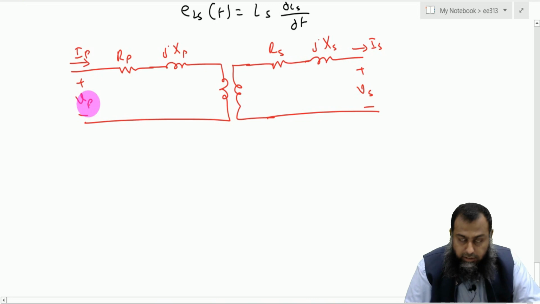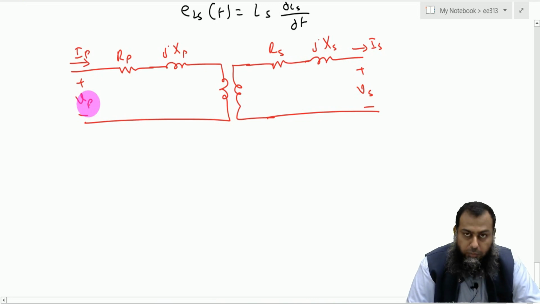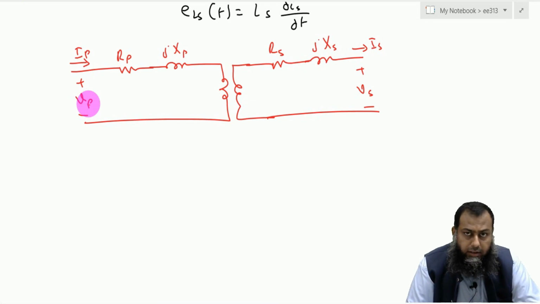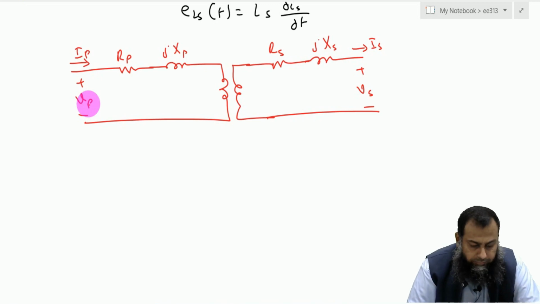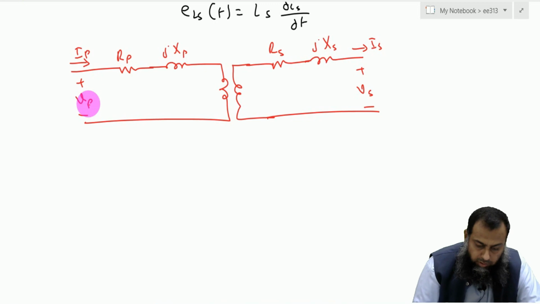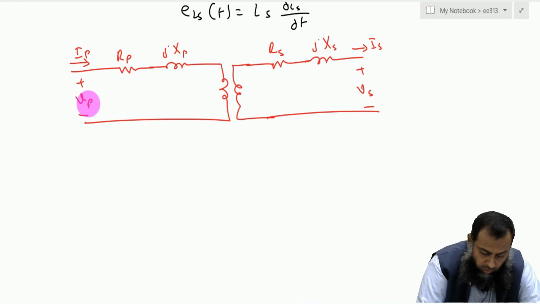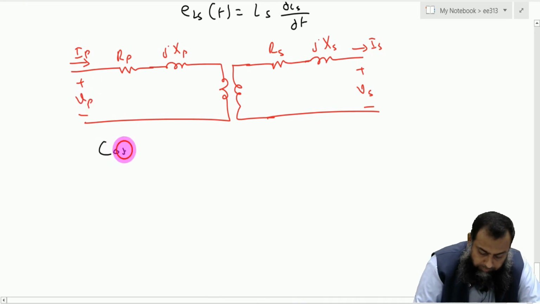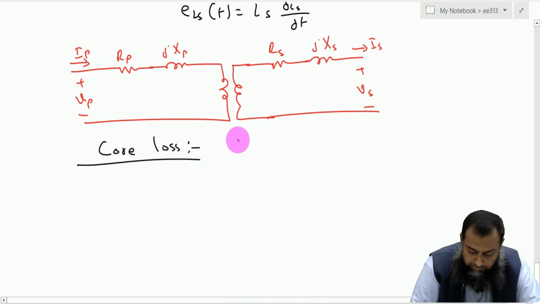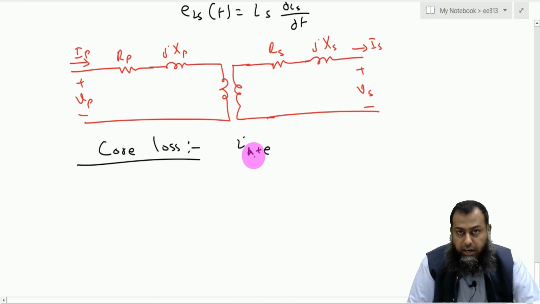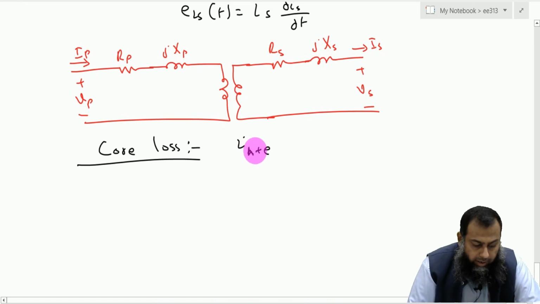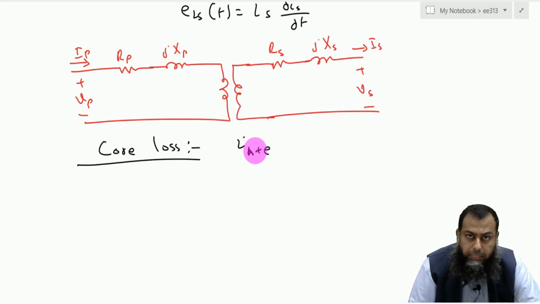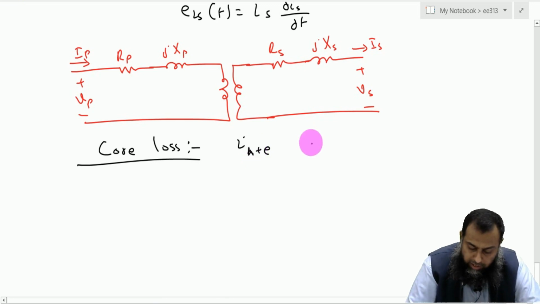Now the third thing here is that we have actually incorporated the losses in the windings. What about the core losses? To model the core losses, we need to establish that the core loss is of two types. Number one is the current which is required to produce the hysteresis and the eddy current losses, and the other one is the magnetization current IM.